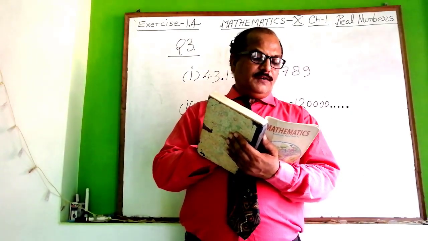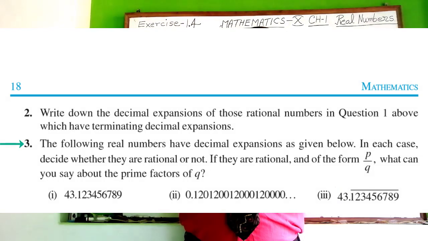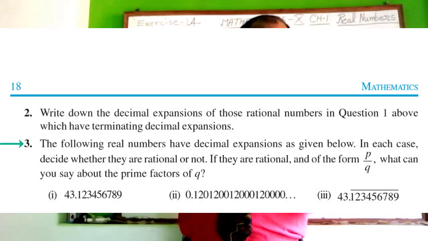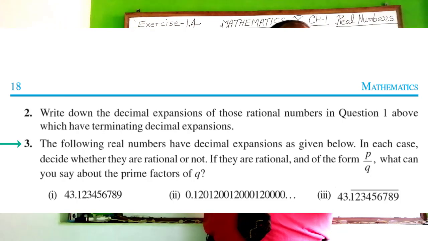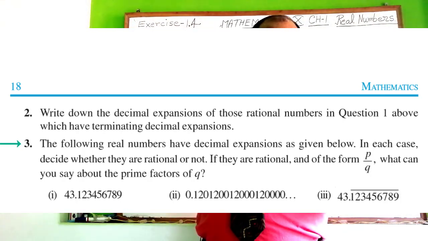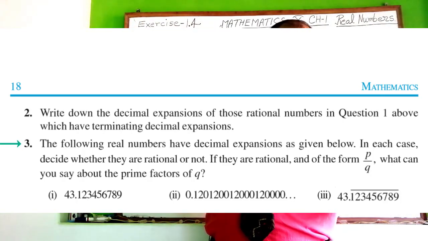Question number 3. The following real numbers have the decimal expansions given below. In each case, decide whether they are rational or not. If they are rational and of the form p upon q, what can you say about the prime factors of q?